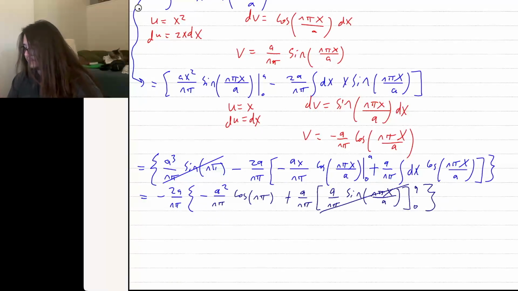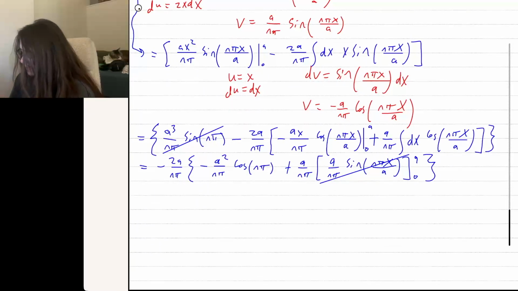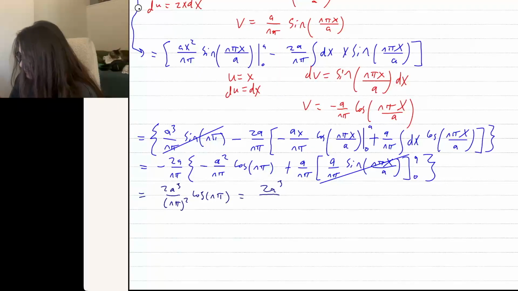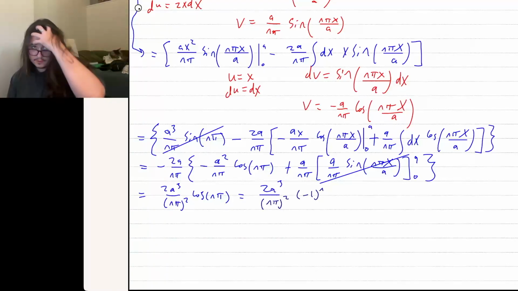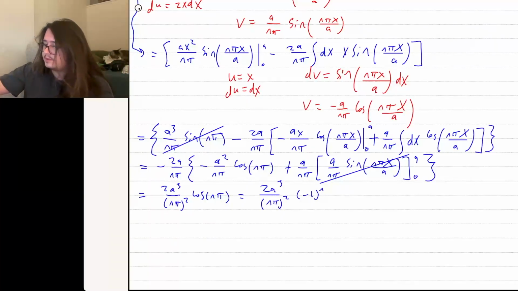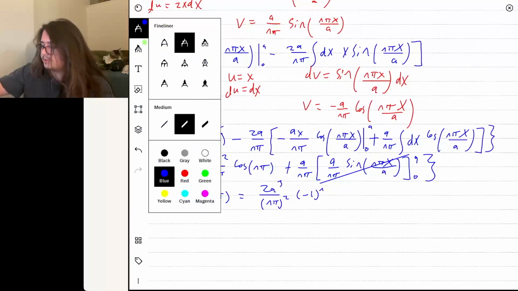But this goes to 0 as well, because again, sine of n pi is 0. Picking up the two negative signs, it's going to be 2a cubed over n pi squared cosine of n pi. And then cosine of n pi is equivalent to minus 1 to the n.